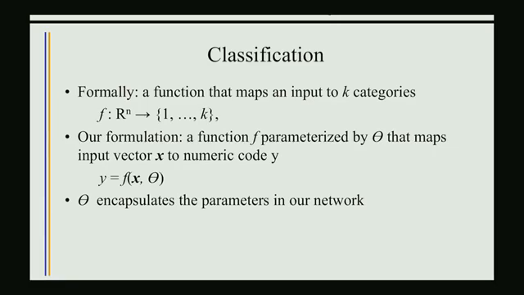I take my input of some dimension n and put it through this classification function f. So the input vector is x, n dimensions. And my classification function has some set of parameters, theta. I don't know what they are. From our previous diagram, those lines.